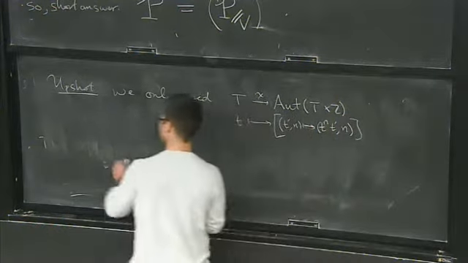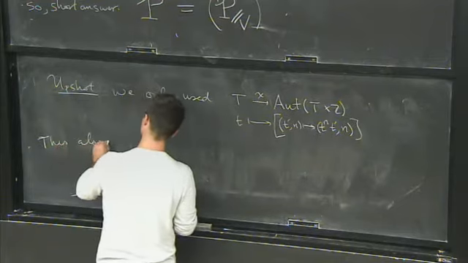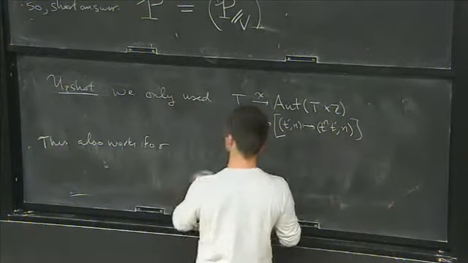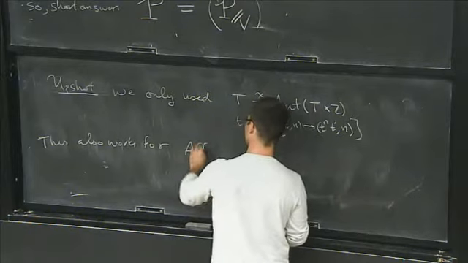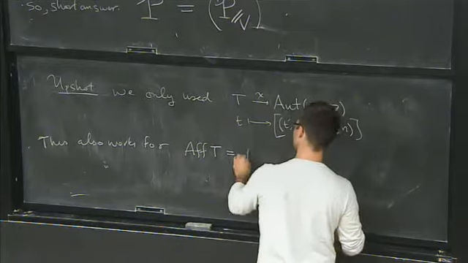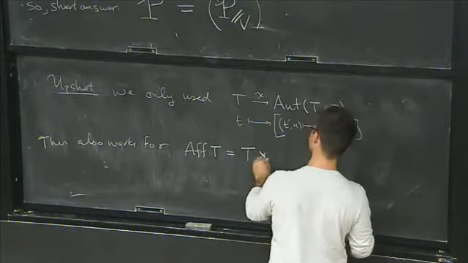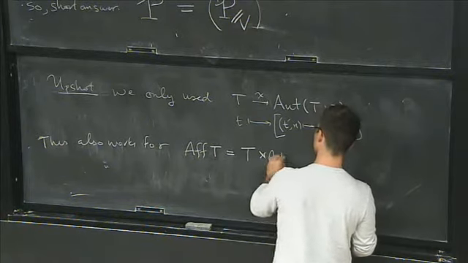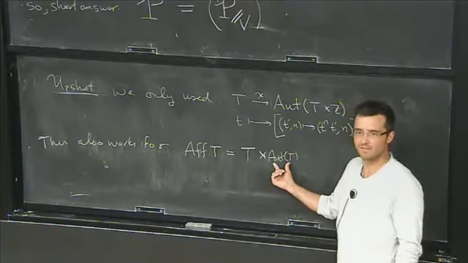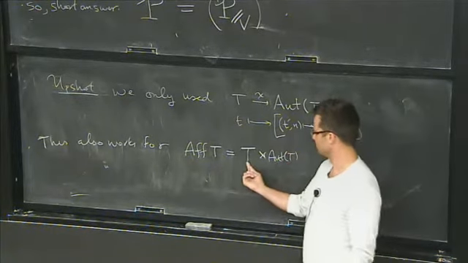So this also works for the affine group of the torus, which I will remind you is the semi-direct product of T and the automorphisms of T, which are just GL_n of Z, or GL_n(Z) if you like, and T is the translation.